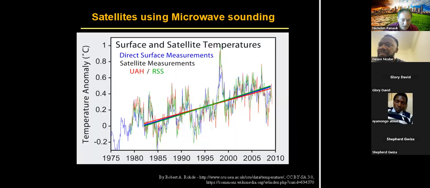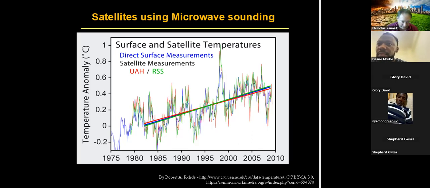Okay. So here's microwave sounding satellite data combined with other satellite data, and these are two different satellites. This is showing you from about 1970 all the way to 2010 in this particular graph.